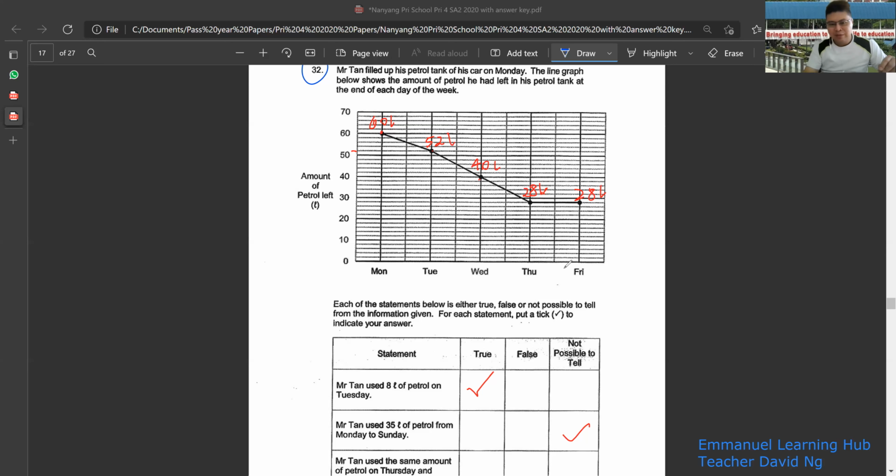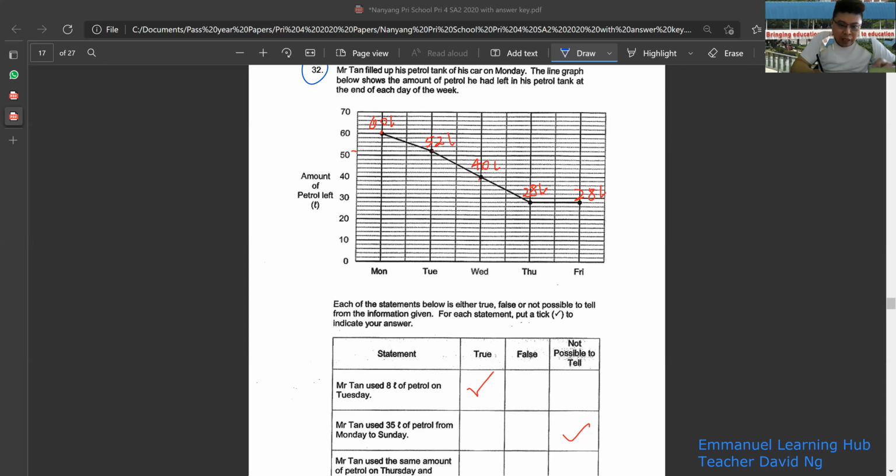Saturday, Sunday, did they give you the information? No, they never draw the diagram. Without the information, are you able to say he used 35 liters of petrol from Monday to Sunday? No, right? So not possible to tell. Understand the logic now?